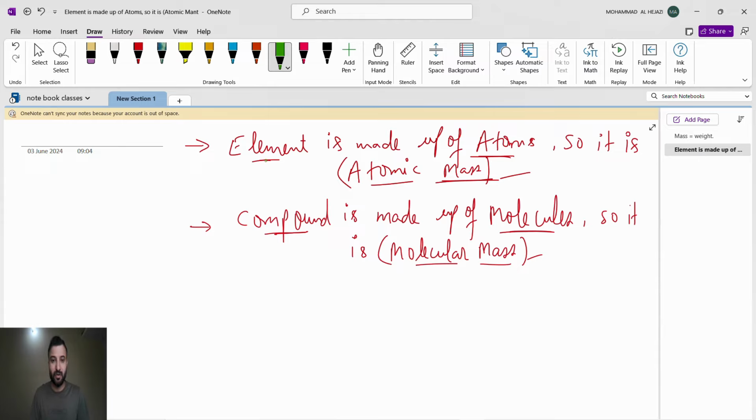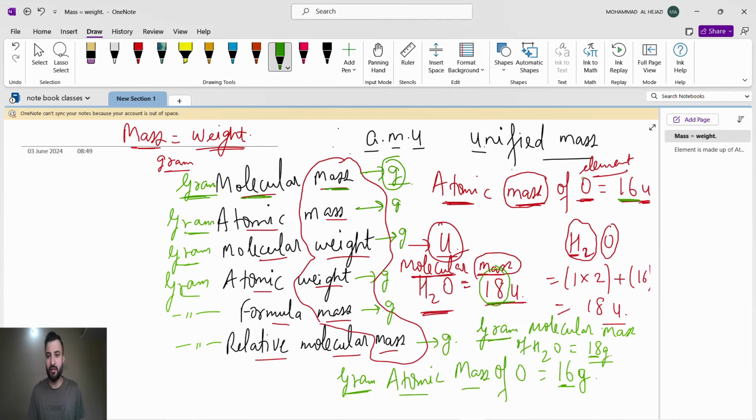So see here, this concept is also clear. An element is made up of atoms, so for an element we say atomic mass. And a compound is made up of molecules, so for a compound we say molecular mass. That's why you can see oxygen is an element, so we have used atomic mass because an element is made up of atoms.